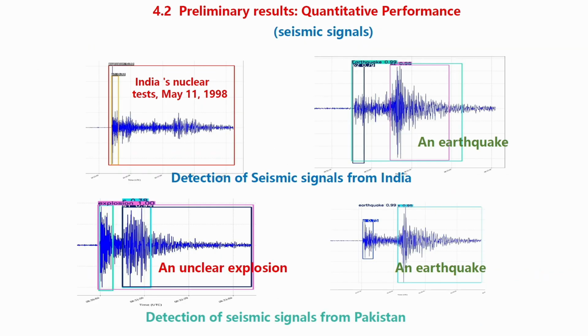This is a detection of seismic signals from India. These explosion signals are very famous in our research circles. And this is a nuclear explosion from Pakistan. This is an earthquake. We can see the bounding box and the probability.